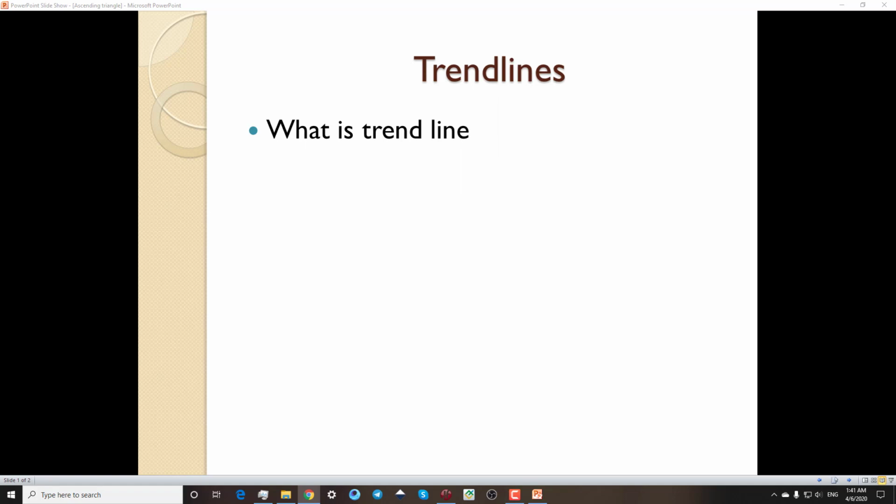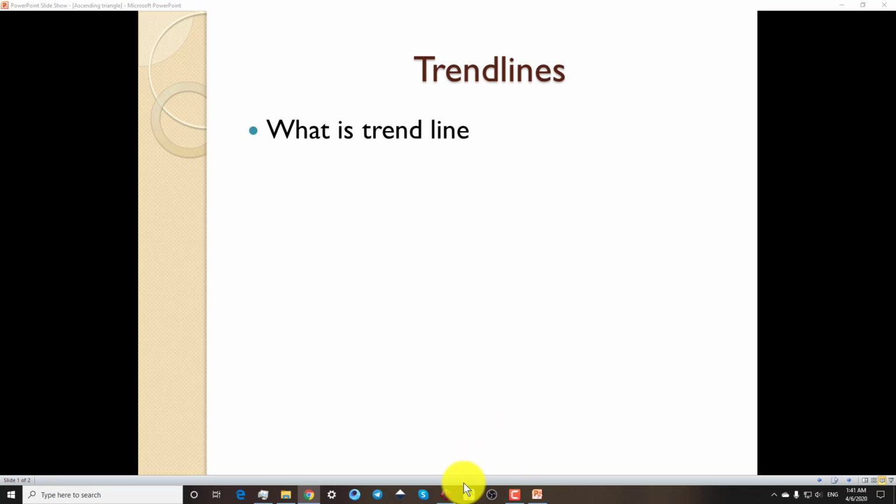The use of a trend line is very important both for the identification of a trend and for the confirmation of a trend. What is this trend line? It is nothing but a straight line that connects two or more points, and then we extend that line into the future, and we expect that it will again act as a support and resistance in the future.